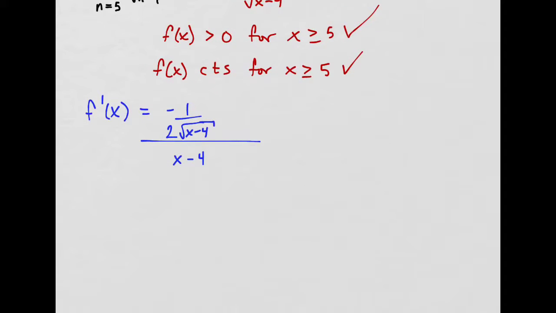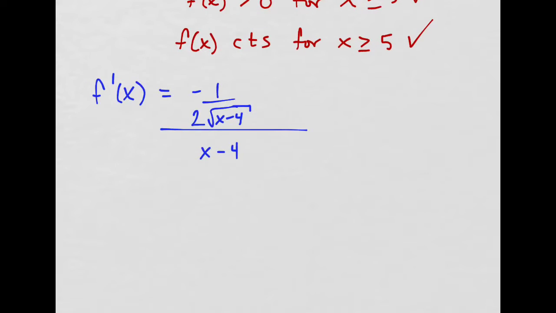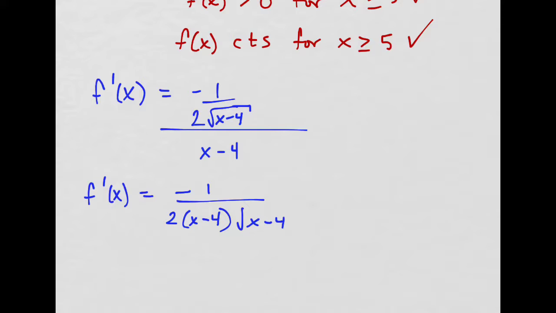And I'm going to check that real quick. Yeah, I think so. So I'm going to simplify this a little bit. f prime of x equals negative 1, that's actually important, negative 1 over 2 times x minus 4, square root of x minus 4. Now you might be thinking, wait a minute, if I plug in some negative here, won't I get a negative divided by a negative?